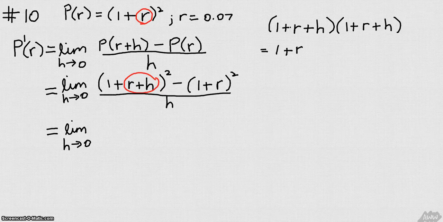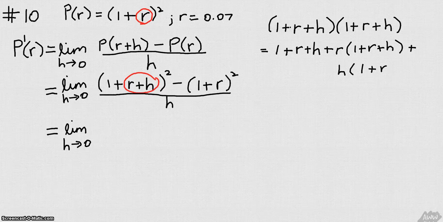So 1 times that whole second parentheses, plus, then we have the second term times that whole parentheses. So r times 1 plus r plus h, plus, and then the third term, h times 1 plus r plus h.